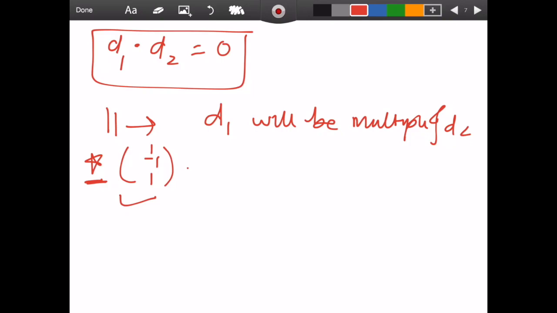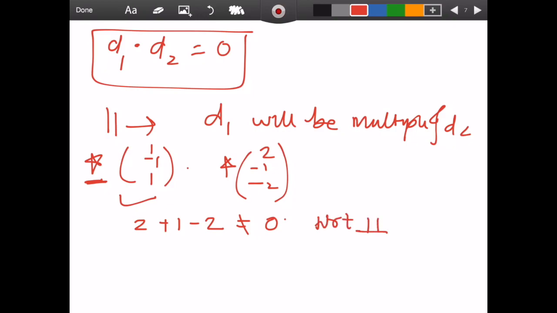The direction of line 2 is, for example, 2, 1 and negative 2. I'm going to check if these two lines are perpendicular or not. If you take the dot product of these, it's going to be 2 plus 1 minus 2, which is not 0. Hence they are not perpendicular.